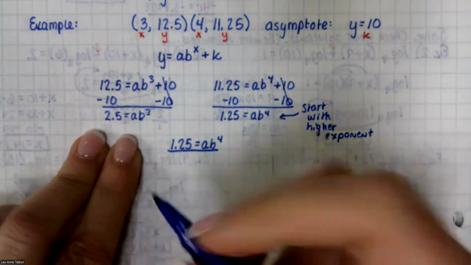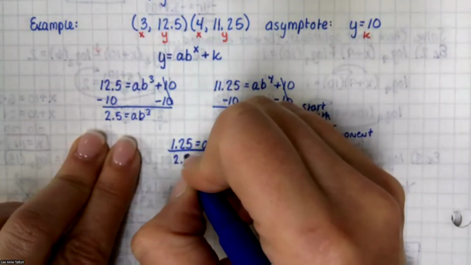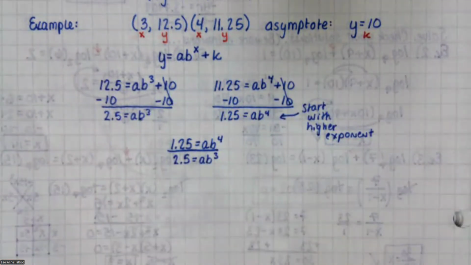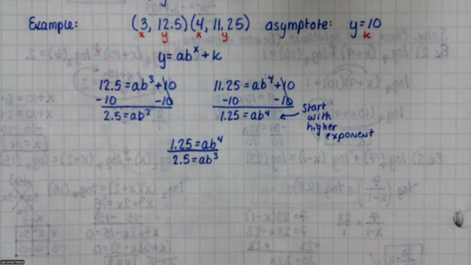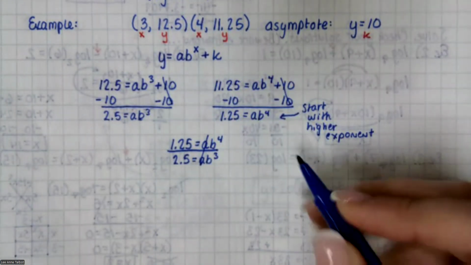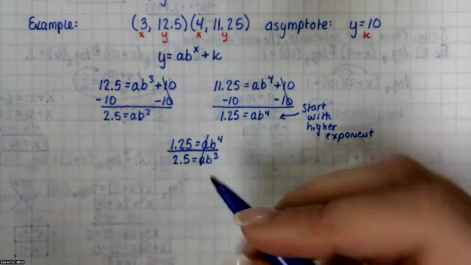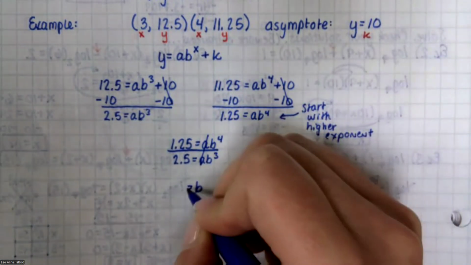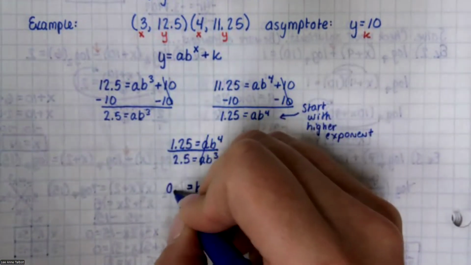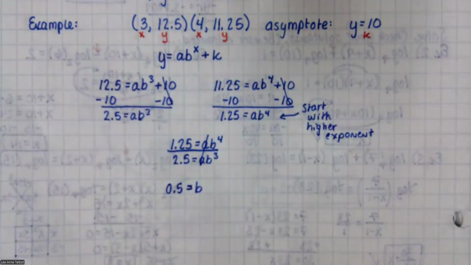That goes on top, and the other one goes on the bottom. Now the A's cancel. B to the fourth divided by B to the third is just B. And 1.25 divided by 2.5 is 0.5. So 0.5 equals B.